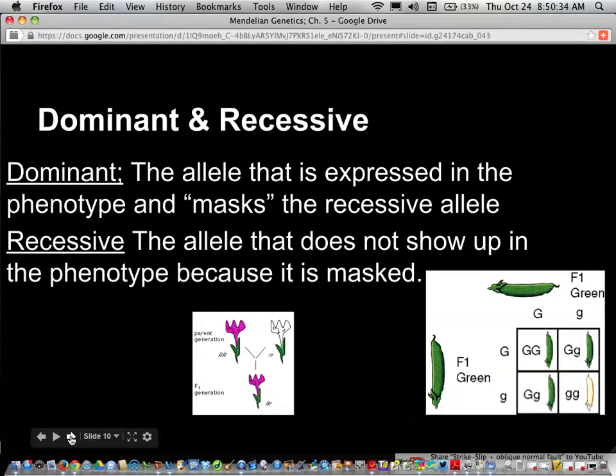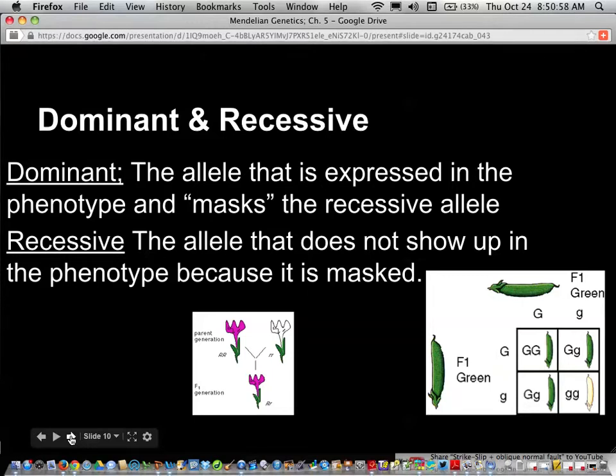Dominant and recessive. The allele that is expressed in the phenotype and masks the recessive allele is called dominant. If you like, you can copy this one. We might go kind of fast at this point. So dominant allele is the one that is expressed in the phenotype and it masks the recessive allele.